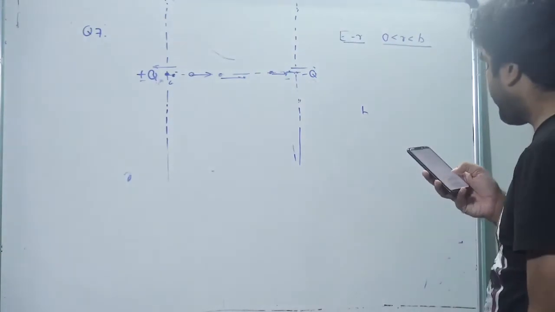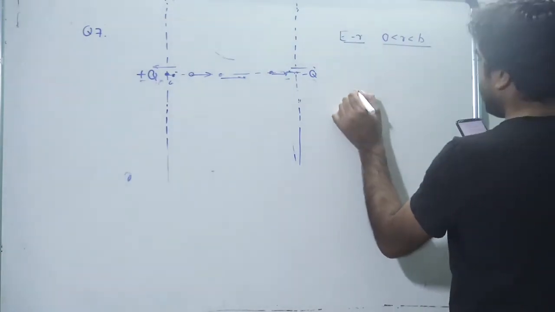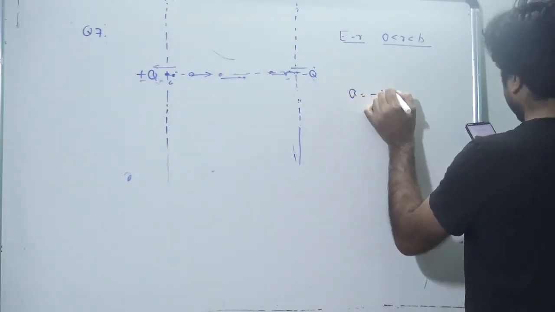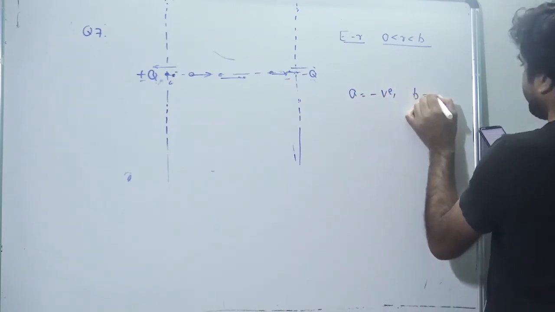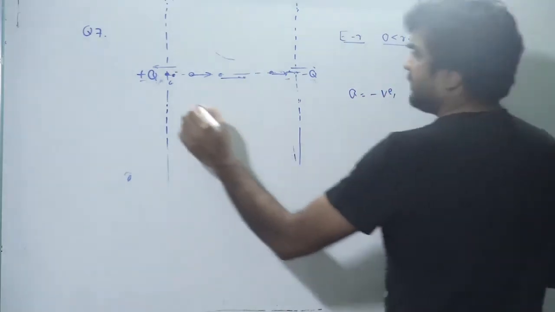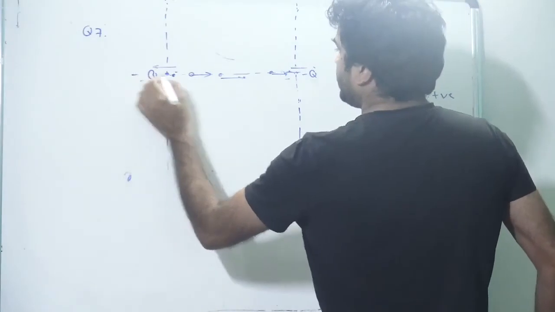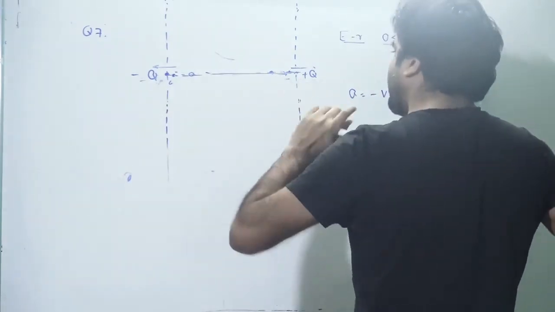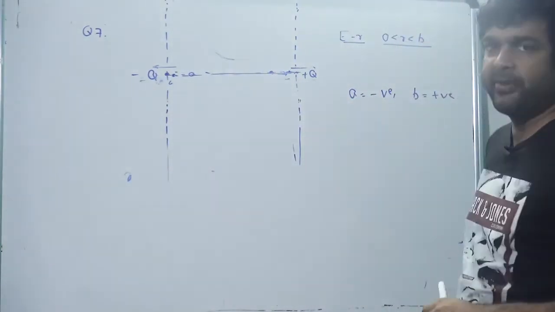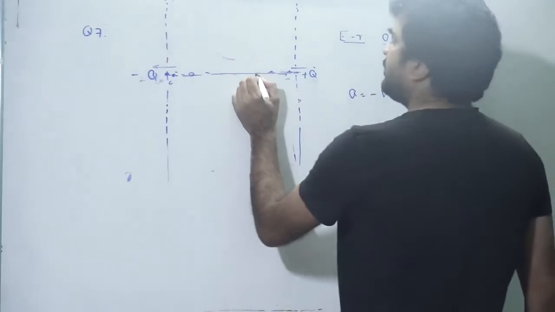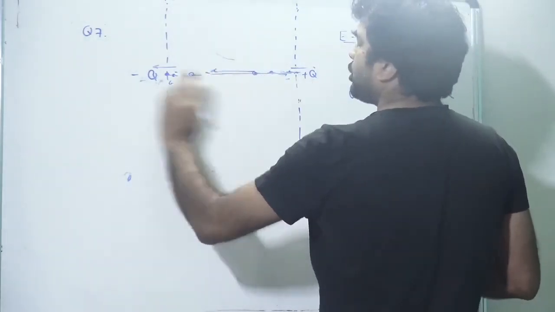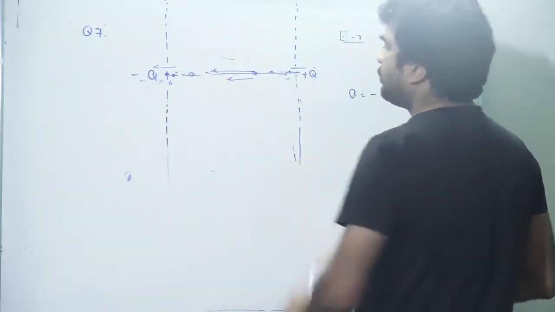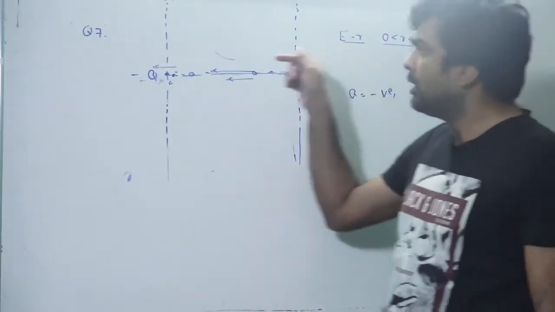Finally, the fourth part is, if A is negative and B is positive, just reversed. If this is negative and this is positive, in this condition, for any point joining the two charges, the electric field will be towards left.